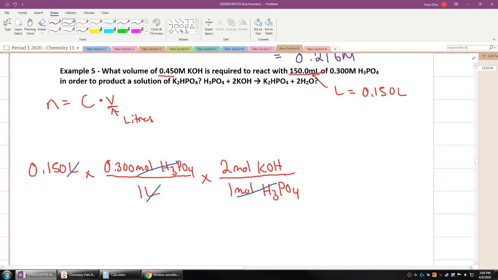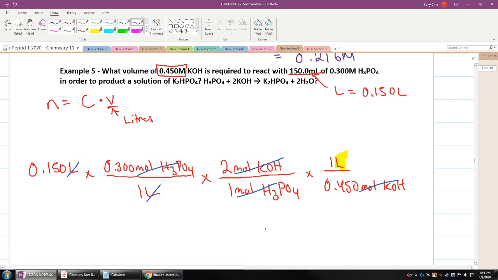But you want to find volume. Hey, you have the concentration of KOH. You could find volume by using this as a conversion factor, because this number is 0.450 moles per liter, which means that if you put the reciprocal of it, it'll be 1 liter over 0.450 moles of KOH. That cancels out your moles of KOH, and you're left with liters.